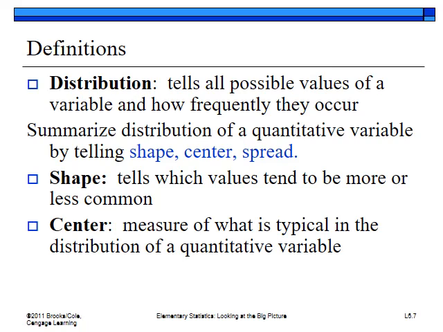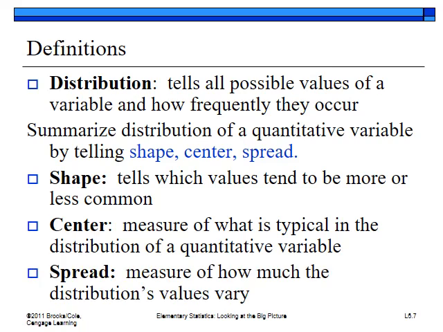The center is a measure of what the middle of the distribution is. In other words, what response is most typical. And spread is a measure of how far the typical data point varies from the center. We'll dive deep into all 3 of these concepts as we move through this section and the sections to come.